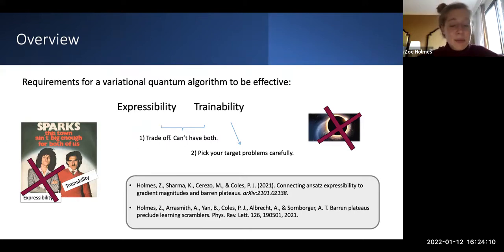So we're going to need to come up with problem-inspired ansatzes that aren't highly expressible, and so open up the potential for training. We're also going to need to pick our target problems carefully, because for some problems, namely learning typical scrambling unitaries or typical random unitaries, no matter how clever your ansatz is, you're not going to be able to train. And I think that's everything I had to say.